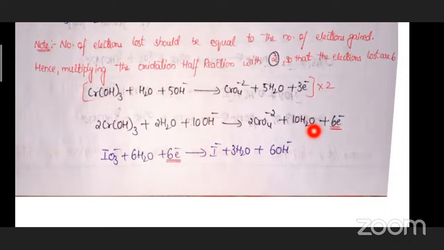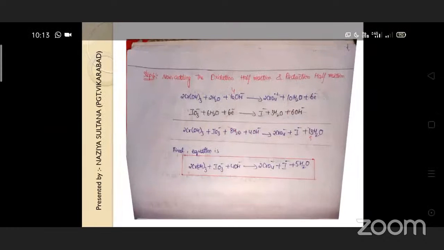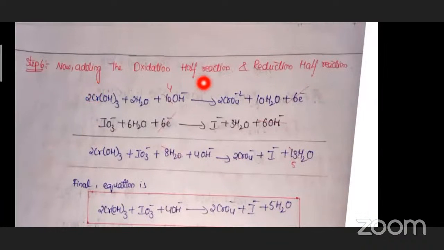You can do it over here itself, or else at the final step, where we add these oxidation and reduction half reactions. See here. Now, the last step is adding the oxidation half reaction and reduction half reaction. So we have to add these 2 reactions.